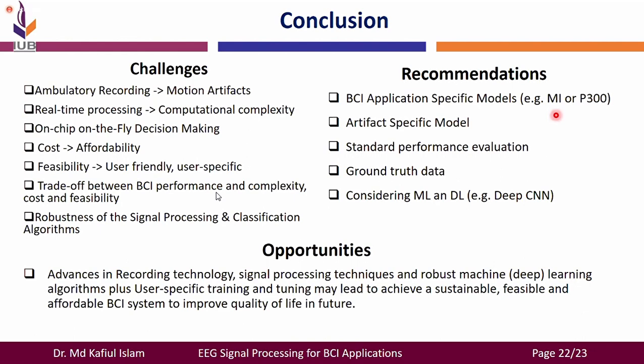artifacts that are responsible for MI may not be responsible for P300 based BCI. So it has to be an application specific model, or you can make an artifact specific model, given which artifact is supposed to affect more of your BCI application. You need a standard performance evaluation of your BCI system, or also for your signal processing system, so that you can quantify your evaluation through some standard procedures.